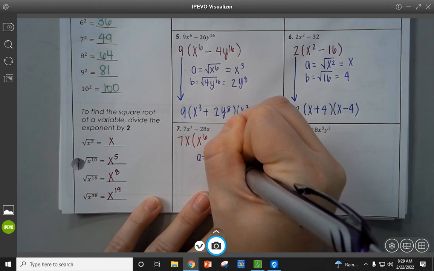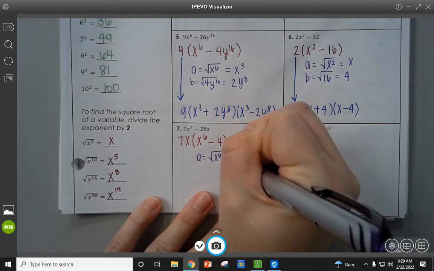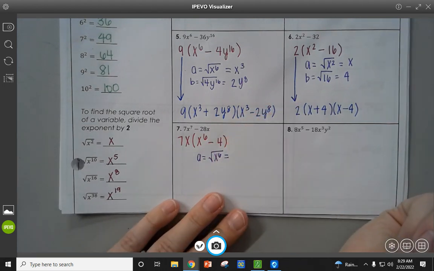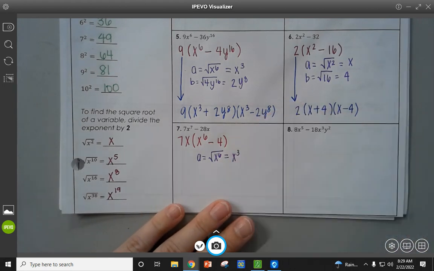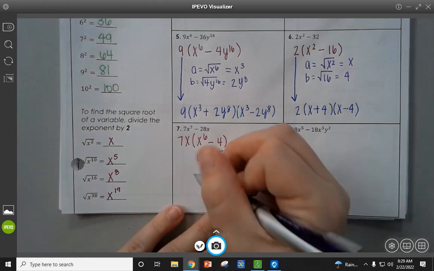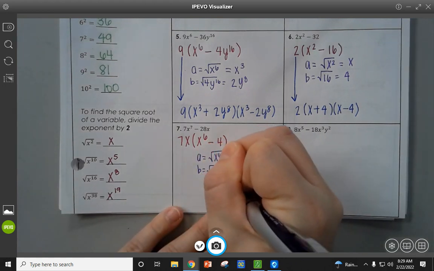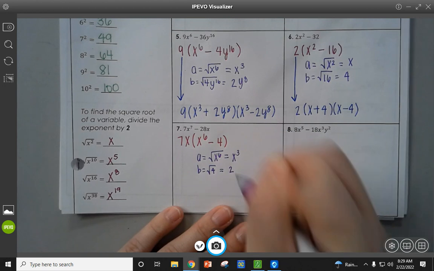So my a is the square root of x to the 6th, which is x to the 3rd. B is the square root of 4, which is 2.